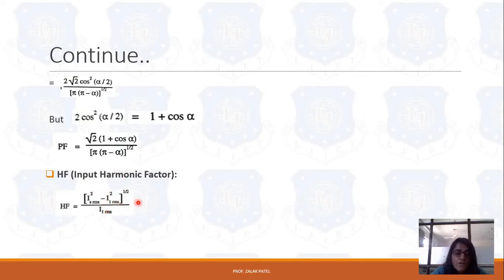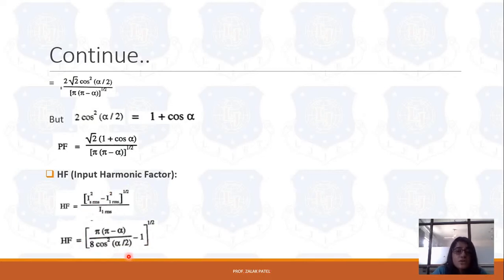So we have all the values of current, the supply current as well as the fundamental RMS current. So we put these values in the equation. It will be like this: IS RMS and I1 RMS value. We have all the values, so it looks like this. So this is the input harmonic factor.